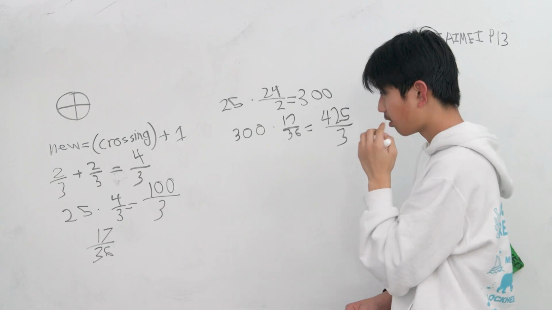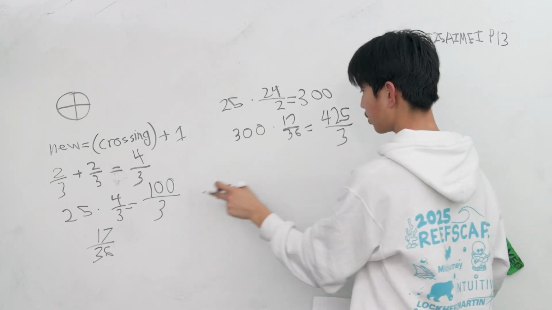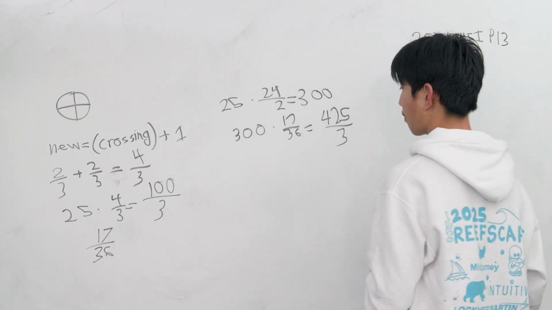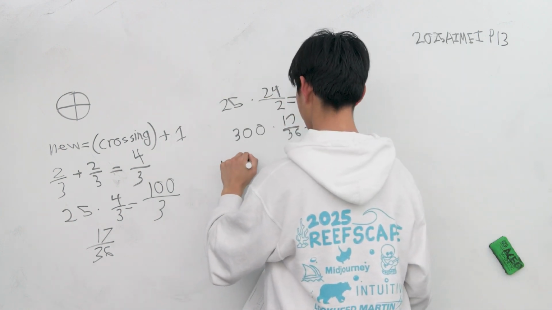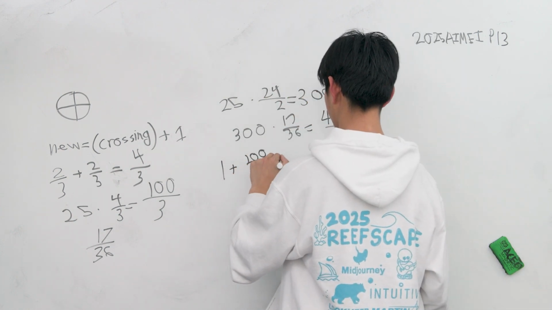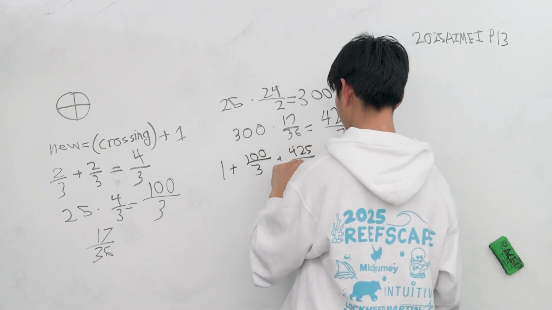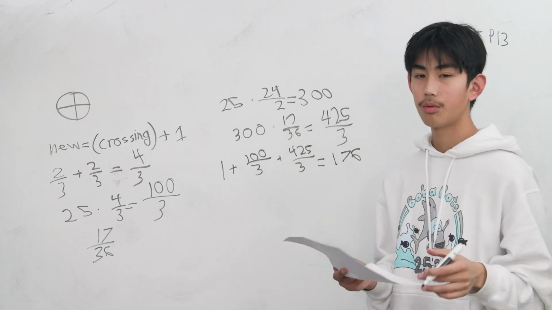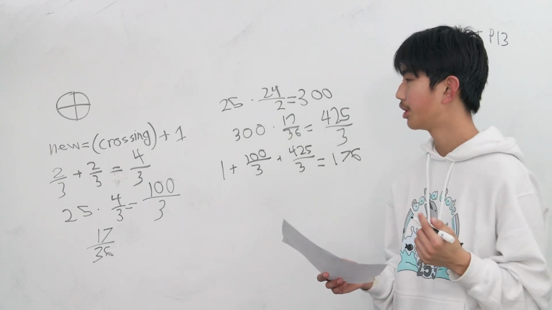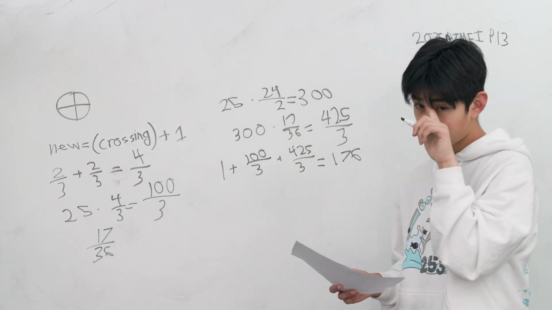And then what we do is we sum these 2 numbers, because these are the 2 cases we considered. So 1 plus 100 over 3 plus 425 over 3 equals 176. Then we have to consider the regions already made.